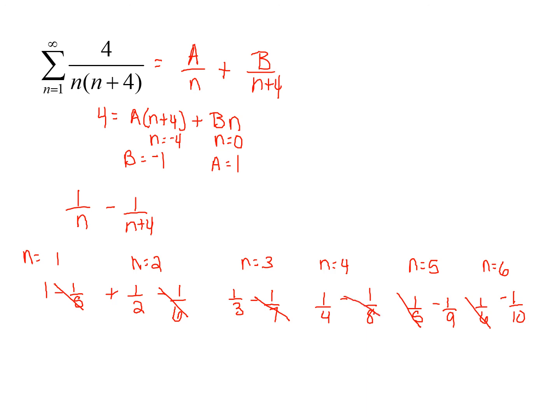But what will never zero out is the 1, the 1/2, the 1/3, and the 1/4. And so the summation of that would be 25 over 12. You can do the math on that if you like. So that sum would equal 25 over 12.